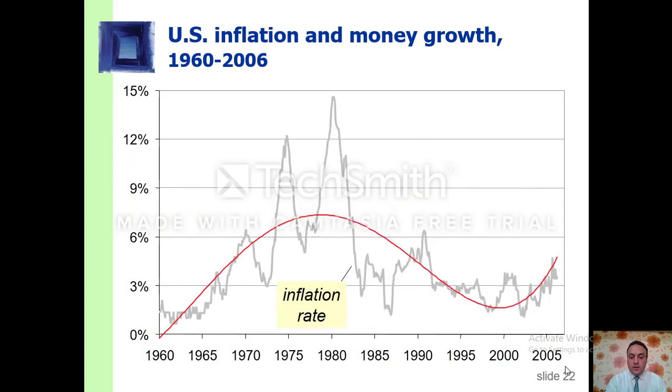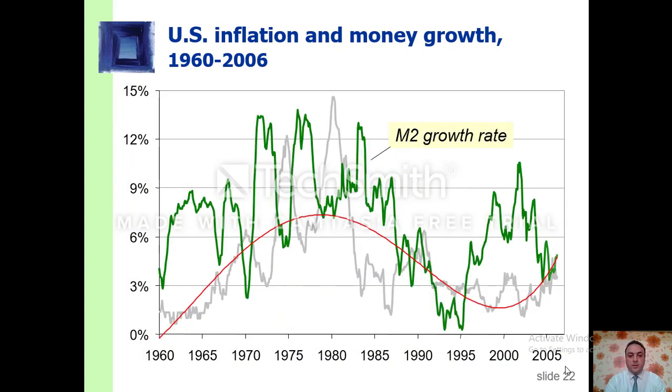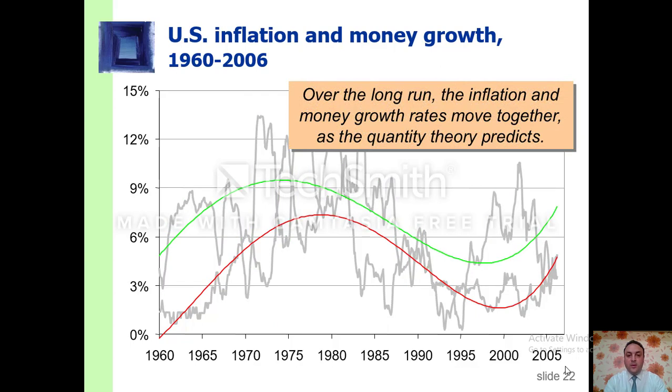Also, over time, in different years, it is the same: over the long run, inflation and money growth rates move together, as the quantity theory predicts.